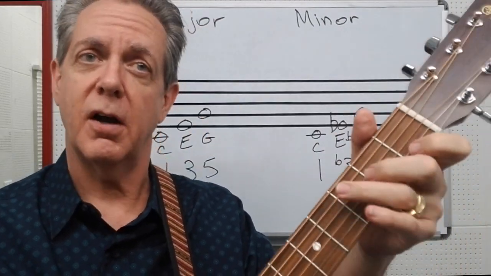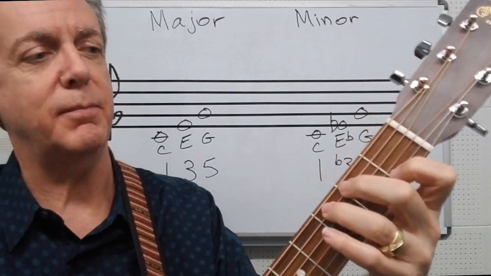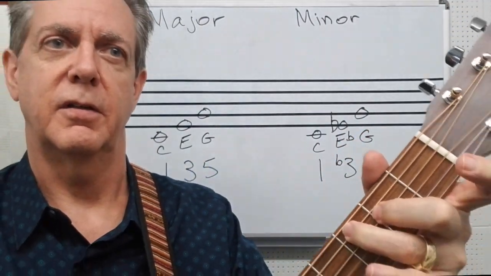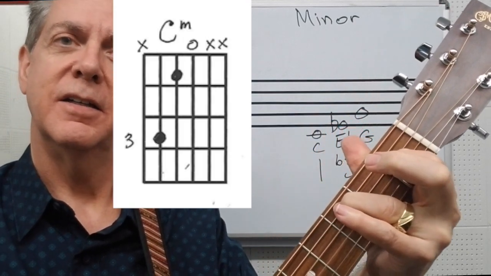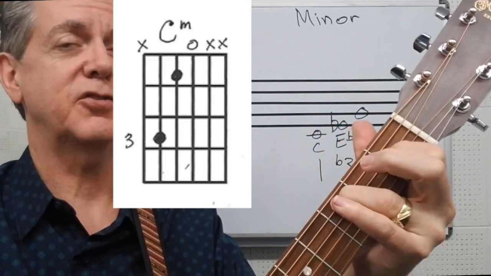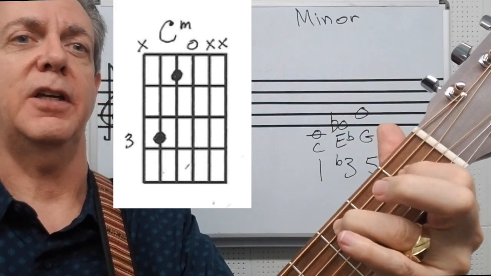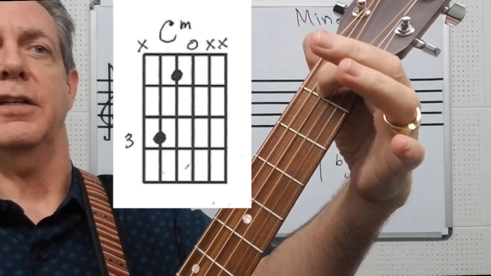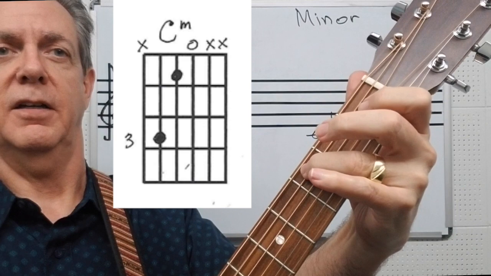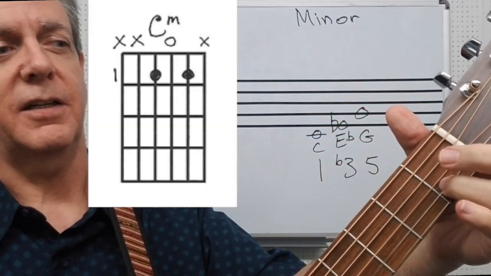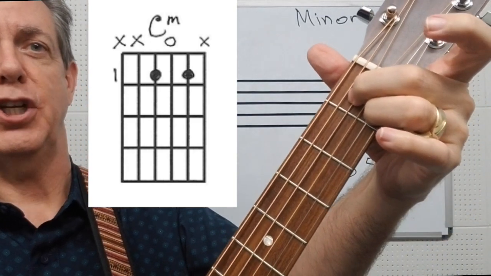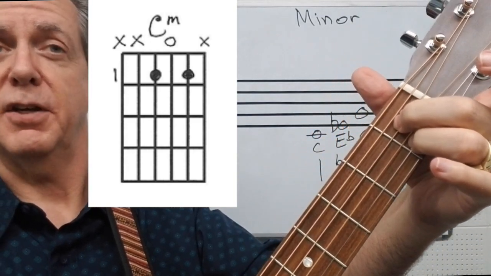So on the guitar, it's going to be like this. We had C major here, C, E, G. Now we want C, E flat, G. Okay, and that's just 3 notes, 3 strings. C, E flat, G. Okay. Here's another C, E flat, G. Right, different order.